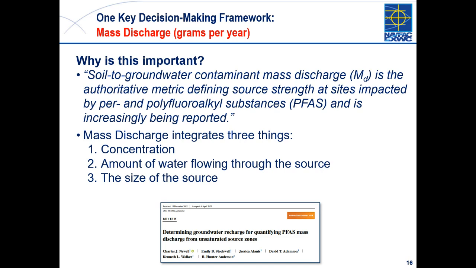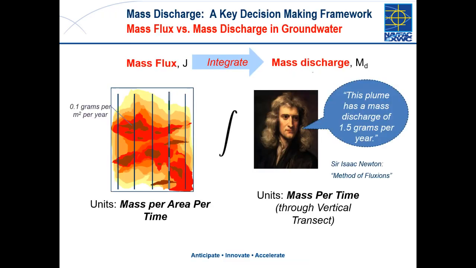To help explain that, and to go into a little bit of the terminology, on slide 17 we have a slide that was part of an ITRC mass flux, mass discharge training that I think I did like 12 times online. I would always show this graph. On the left-hand side, in the groundwater, this is a vertical plane. It's a curtain that water is flowing through.